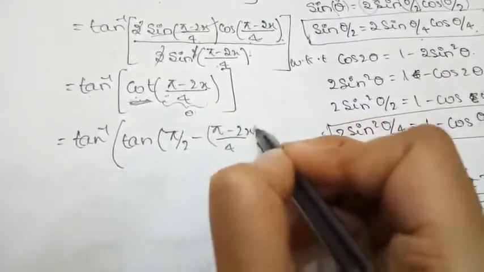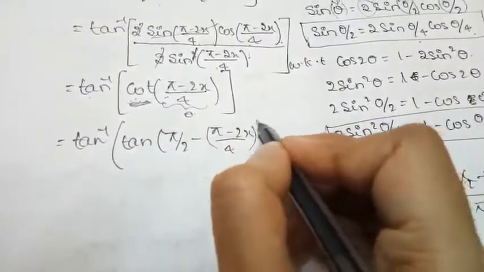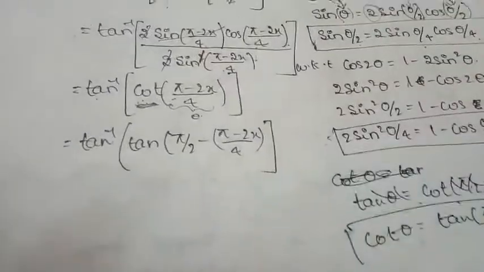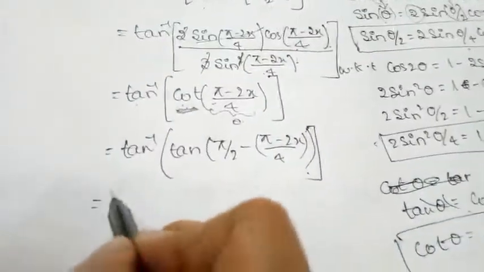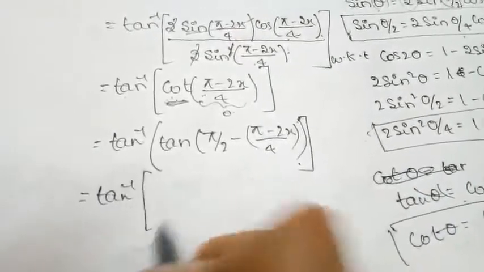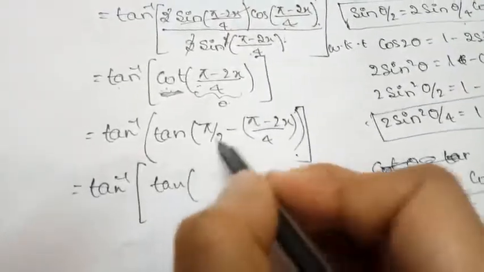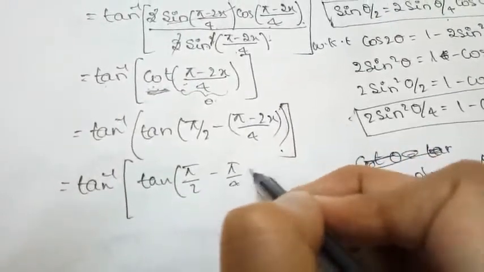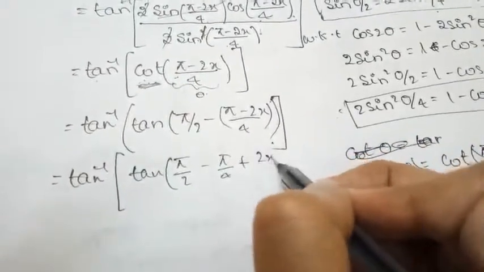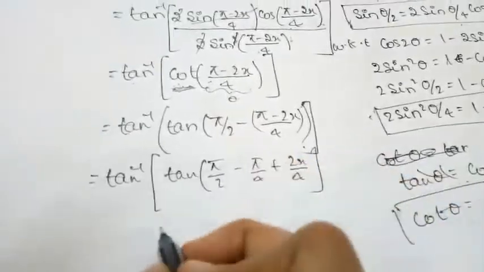So you might get confused with this minus and this bracket. So better you put one small bracket there. So this is the thing. So what happens now? Tan inverse of tan (pi by 2 minus pi by 4, minus into minus plus 2x by 4). What happens to this one?